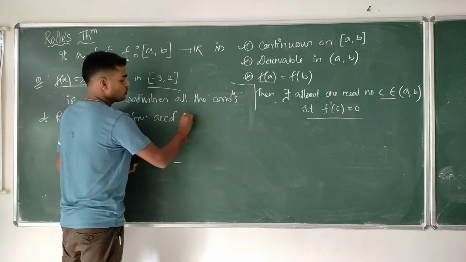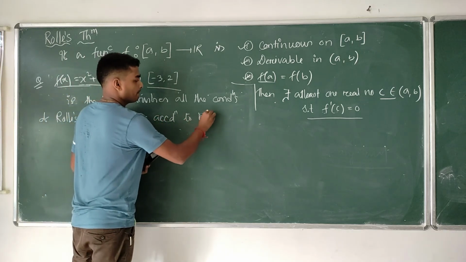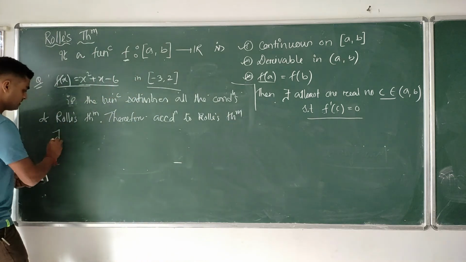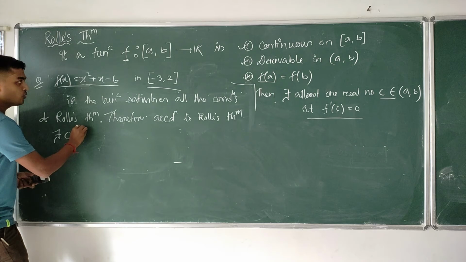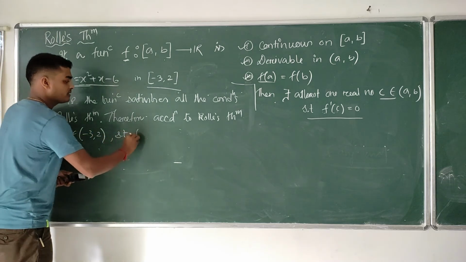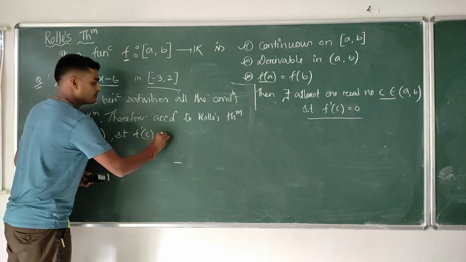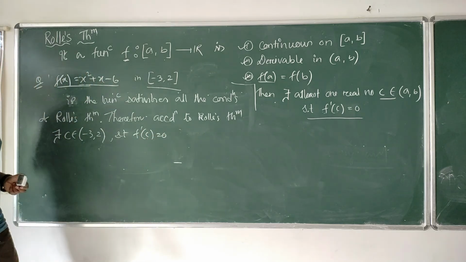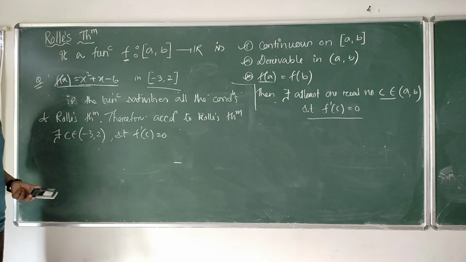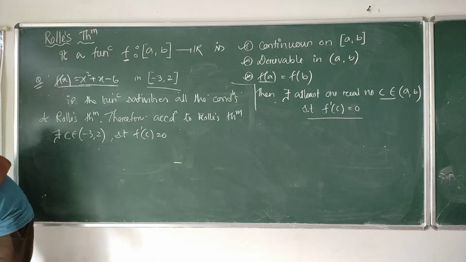Therefore, according to Rolle's theorem, there exists c belongs to open interval minus 3 comma 2 such that f dash c must be equal to 0. Now what you have to do, we have to find the value of c. So there exists at least a real number c in between minus 3 comma 2 such that f dash c equal to 0. Now we have to find out the value of c only.